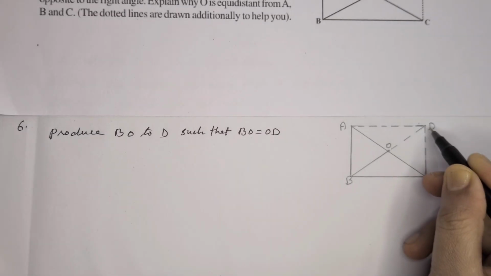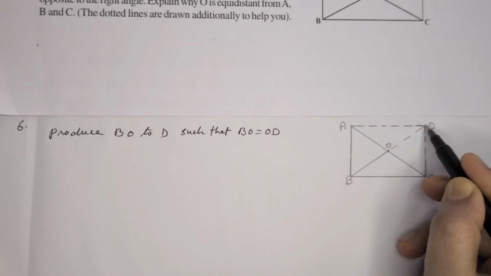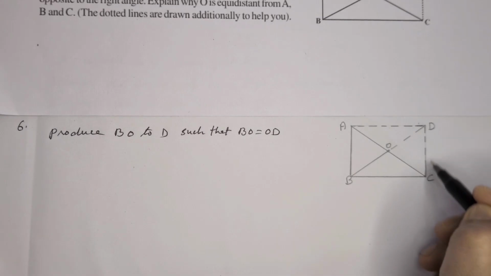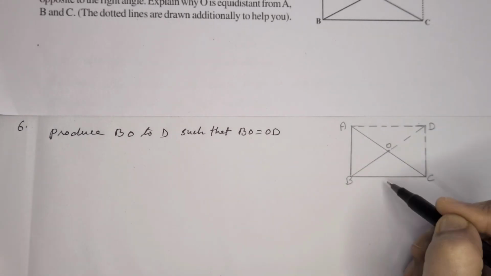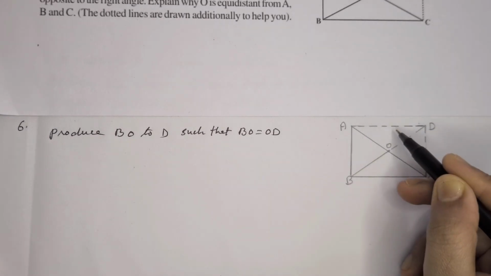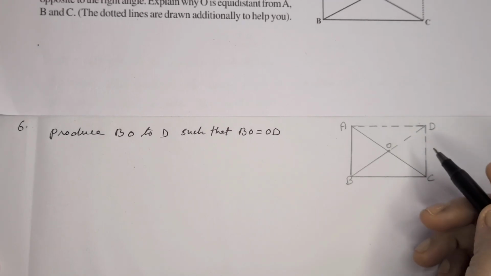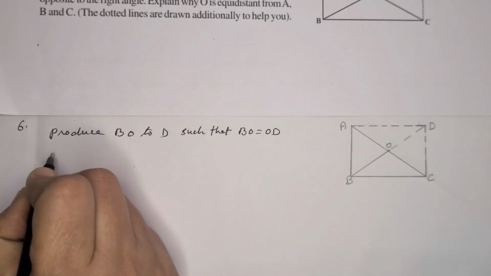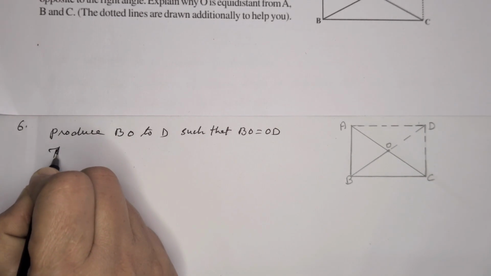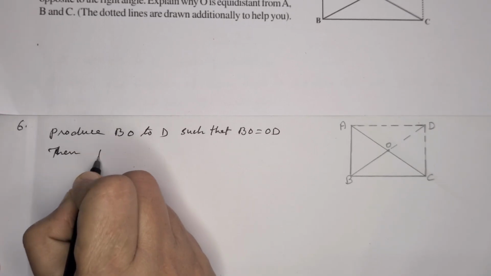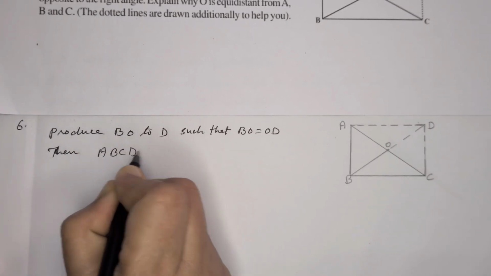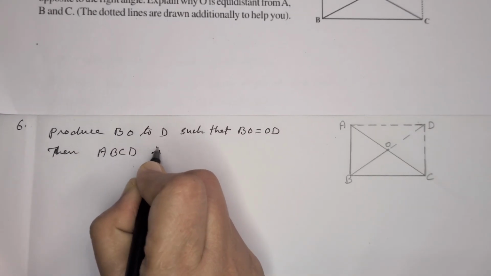Then join CD and AD. Here we will get a rectangle. Opposite sides are equal and parallel. So here we are getting a rectangle, ABCD as a rectangle.